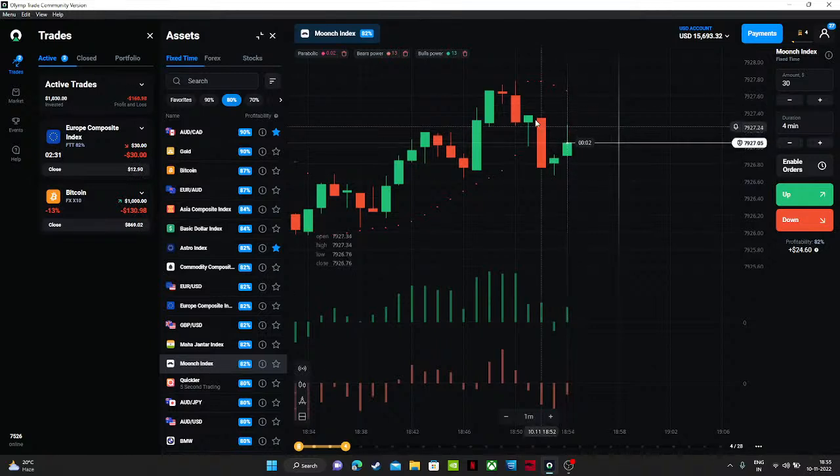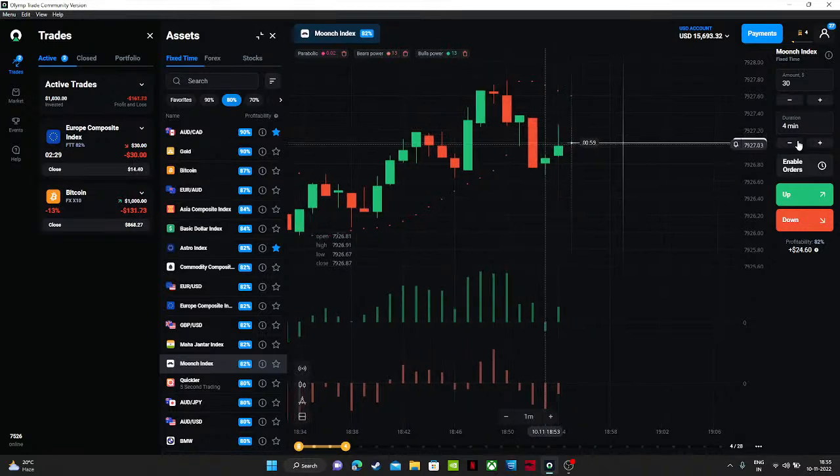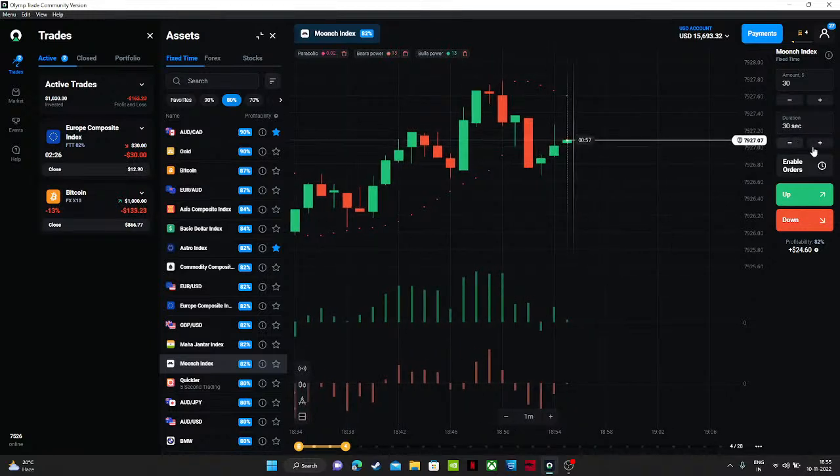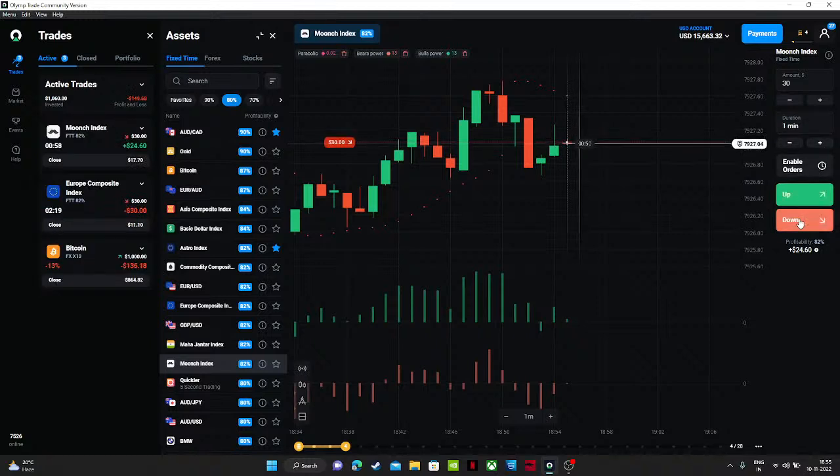We had a red Marubozu candle here, and after the red Marubozu, there hasn't been a single red candle yet, which is very strange. So I think that we can enter into a downside trade here for 1 minute, expecting this candle to close in red, because we had a Marubozu red candle.